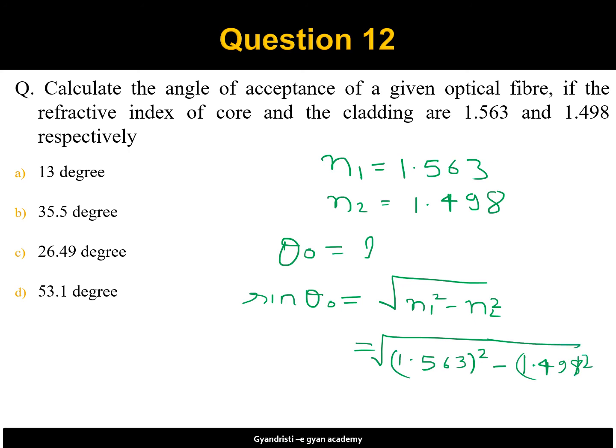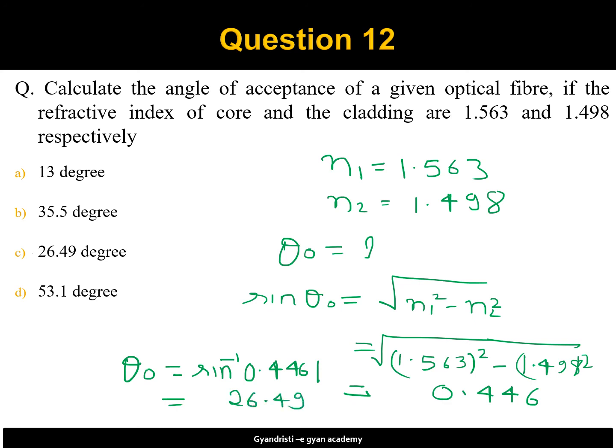When you solve it further, you will get 0.4461. So this will give you theta 0 is equal to sine inverse of 0.4461. After further solving it, we will get 26.49. So the correct answer is option number C. Thank you for watching and listening to the video.